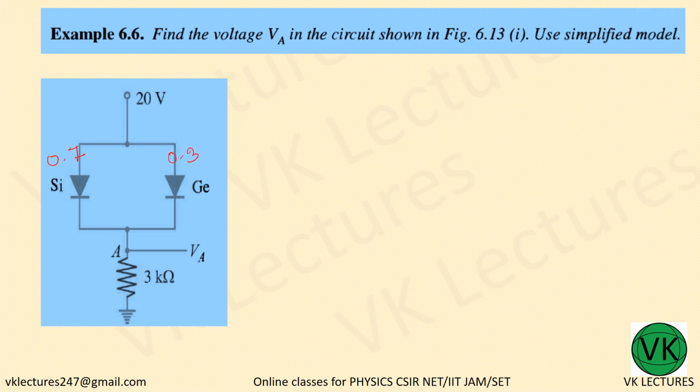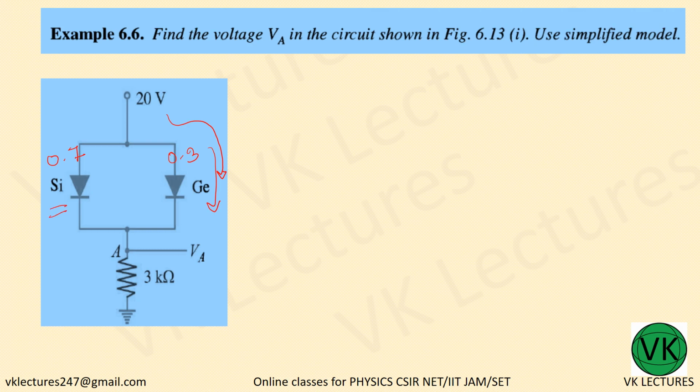Once you start applying the voltage, the germanium diode will start conducting immediately, because between 0.7 and 0.3, the germanium has very little resistance. That means all the current will flow through the 0.3 germanium diode rather than silicon.